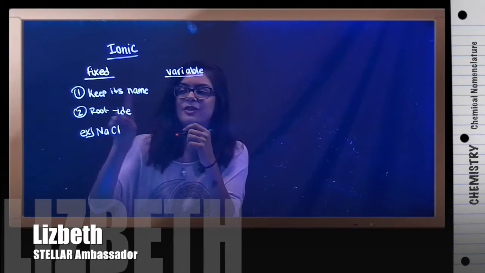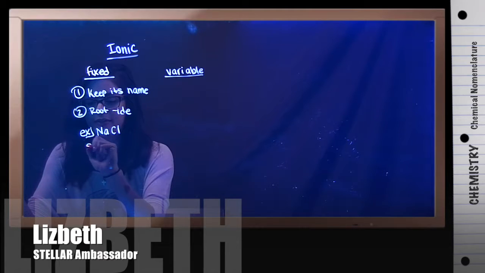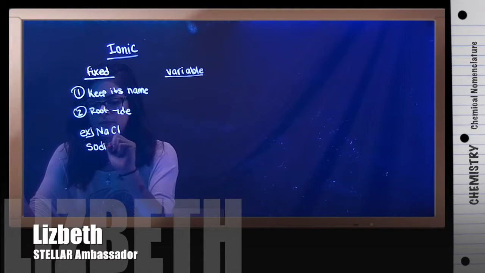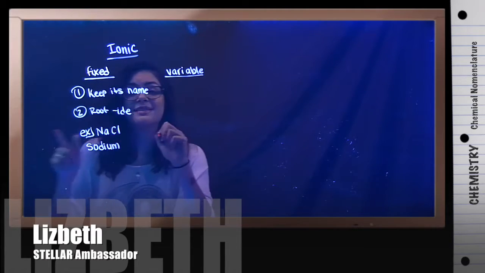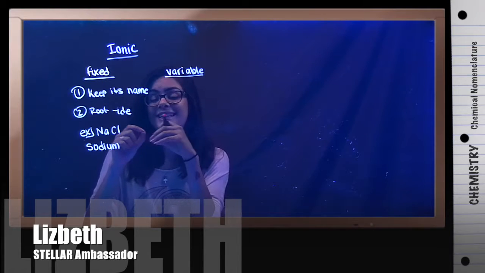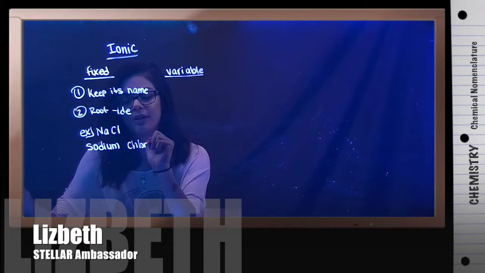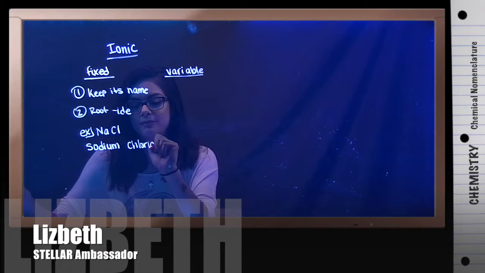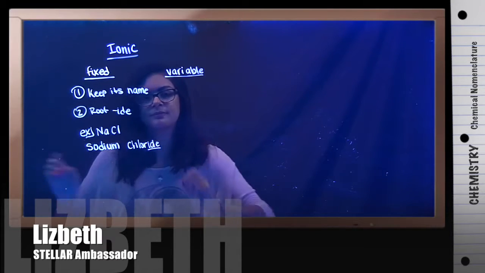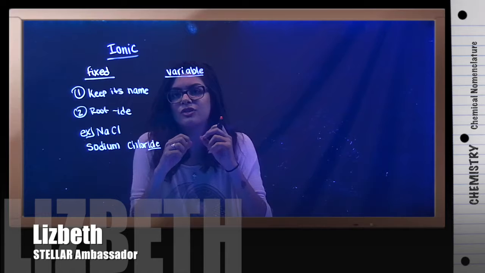As we said, the first one keeps its name, so we're just going to go ahead and write it. And the second one is going to have its root and then "ide" after it. So the root of chlorine is chlor, and then we're going to add "ide" to it. So that is how you name an ionic compound with a fixed charge.